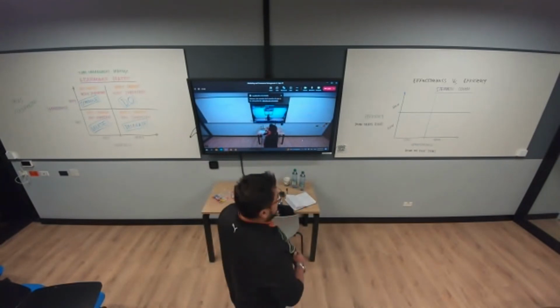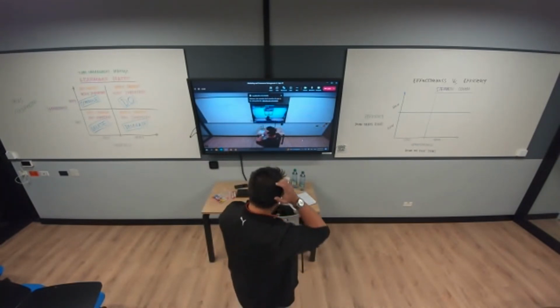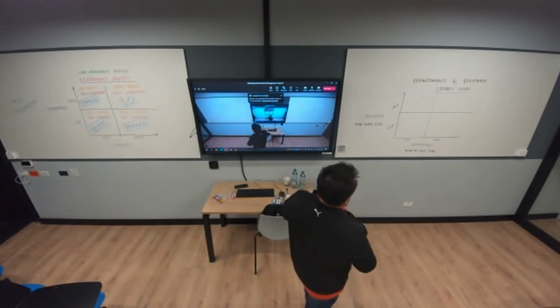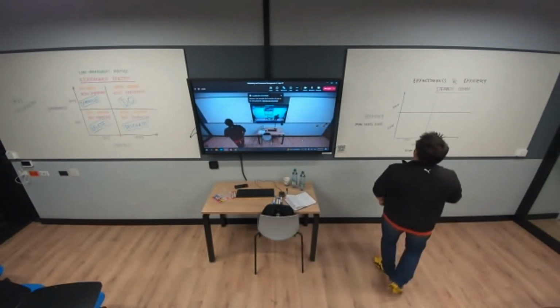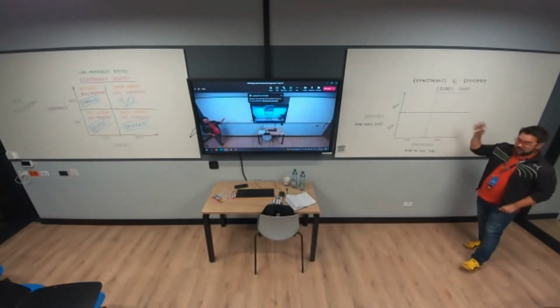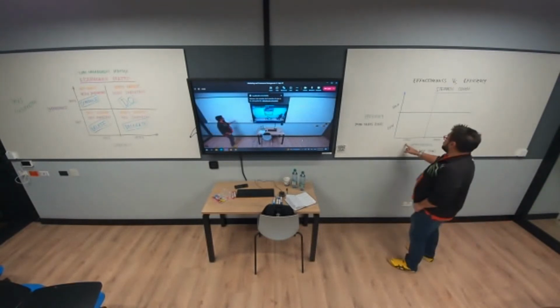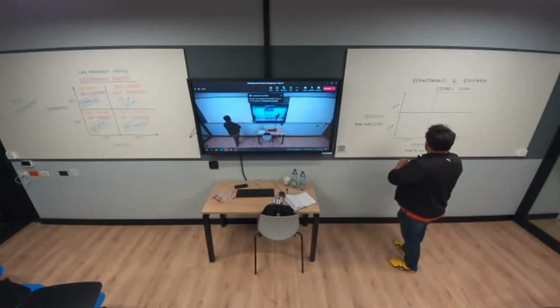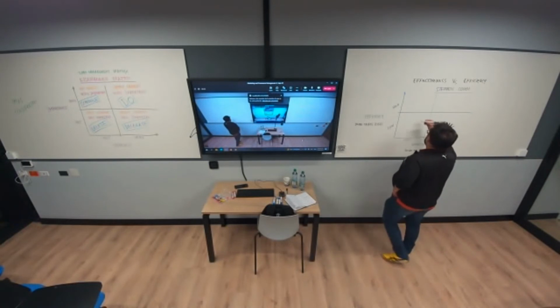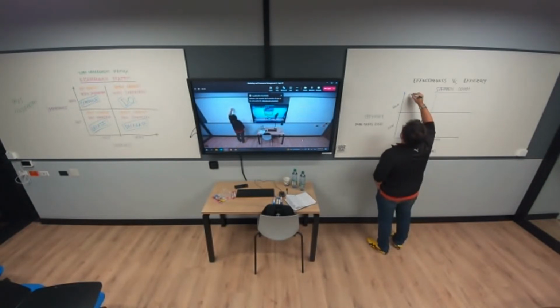Okay, guys, excellent. So let's write here the definition first, and then we're going to find the name for each quadrant. Okay, so in this one right here is going to be low effectiveness. Okay, low effectiveness.